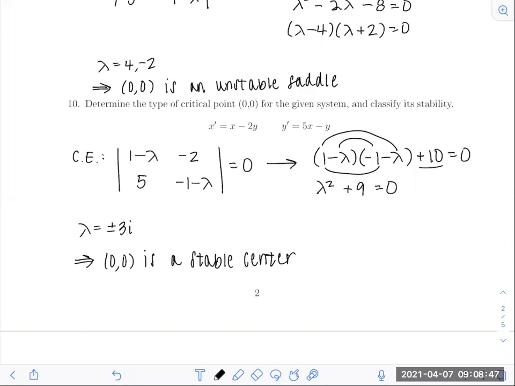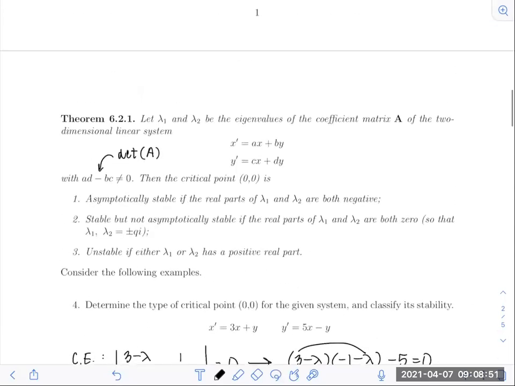Now, if we went up to theorem 1, notice here that we are in case 2, where we have these purely imaginary complex conjugate pairs. So the real portions are 0. So we can specify here, this is stable, but not asymptotically stable.